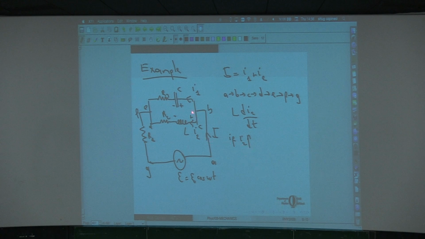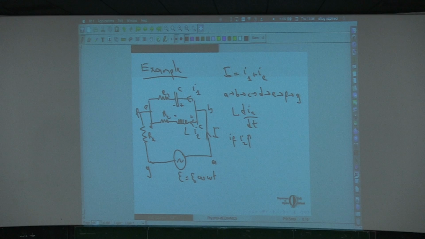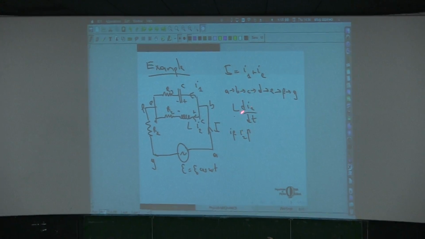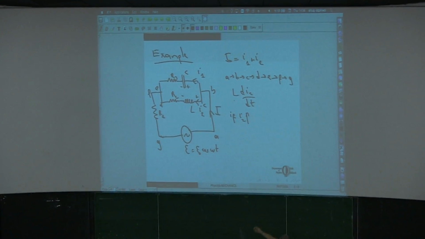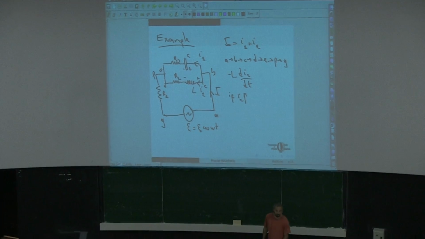Now, if I2 is increasing, this is the positive, this is the negative terminal. So as we are going around it, how much energy does this positive charge gain as it passes through the inductor? Well, it is losing energy, so its energy gain will be negative. This number is positive because I2 is increasing, so we should put a minus sign over there.